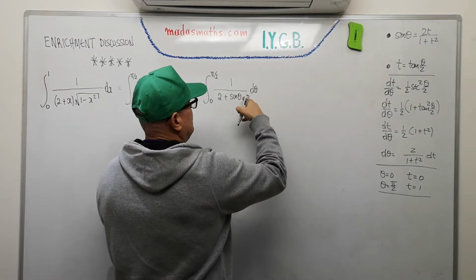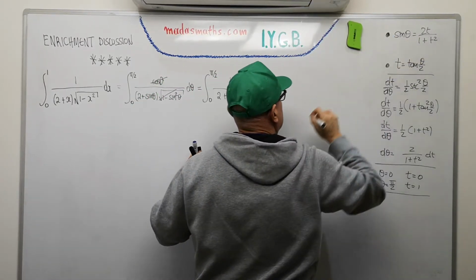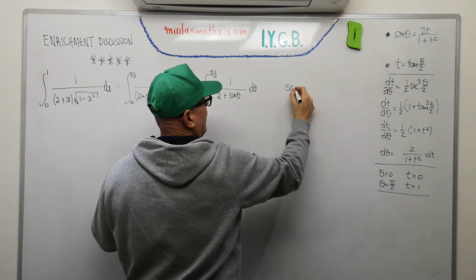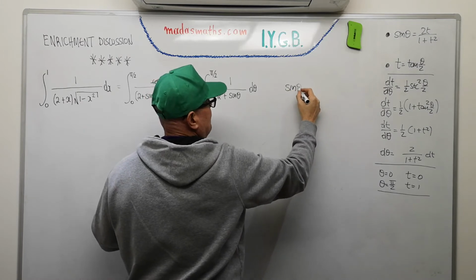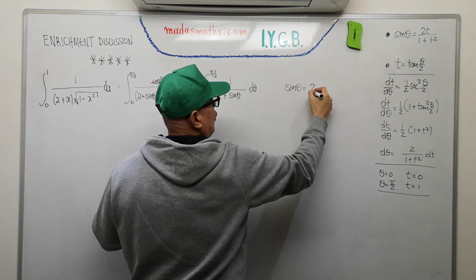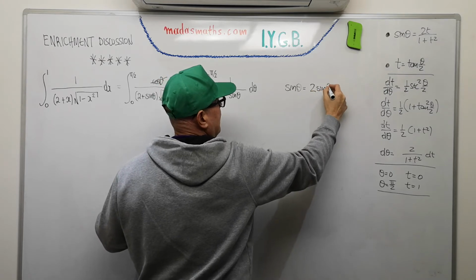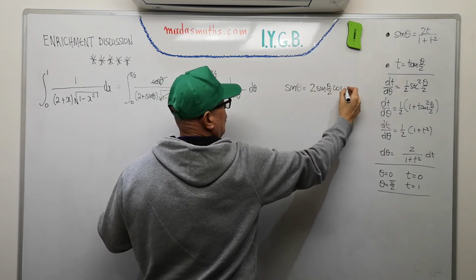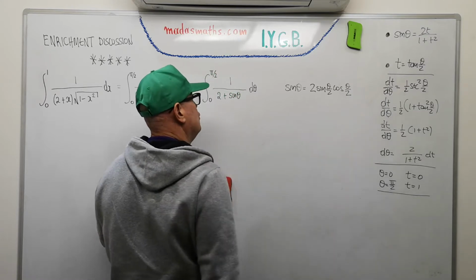So if you have to prove that the sine of theta is equal to that, I'll start as follows. The sine of theta is, of course, 2 sine theta over 2 cos theta over 2.